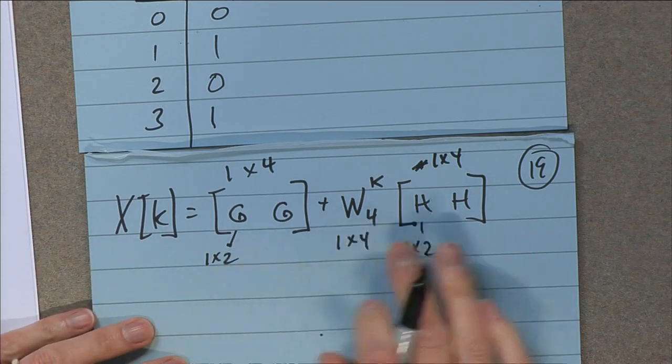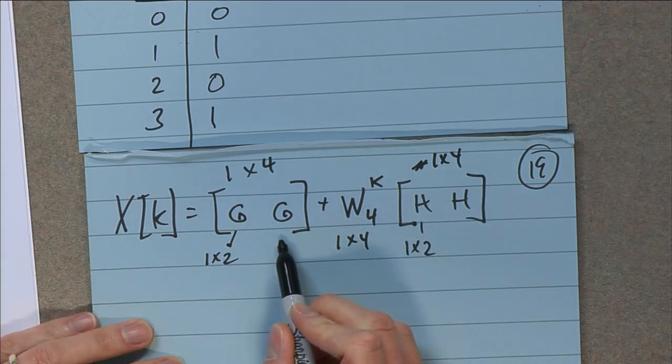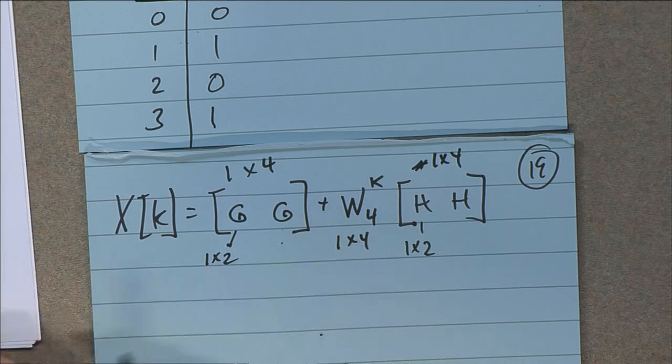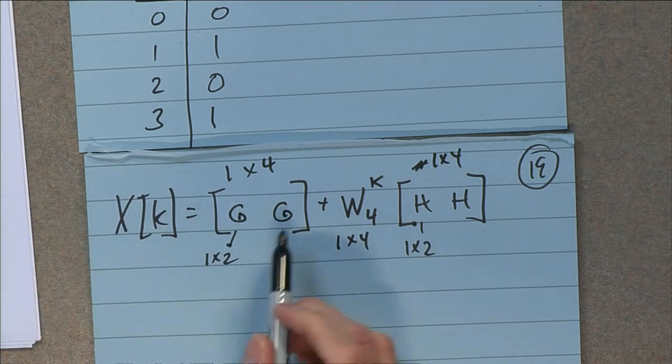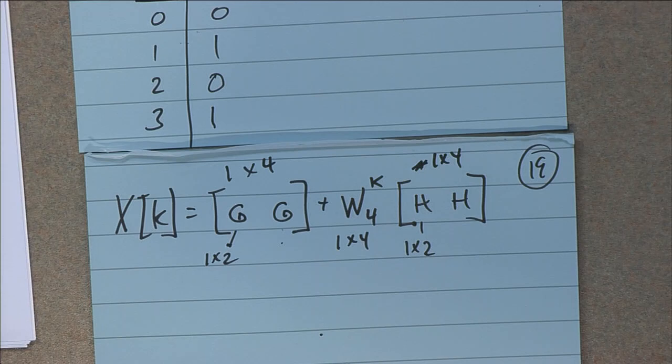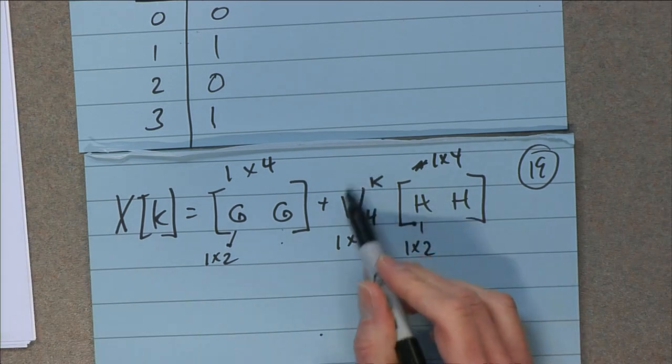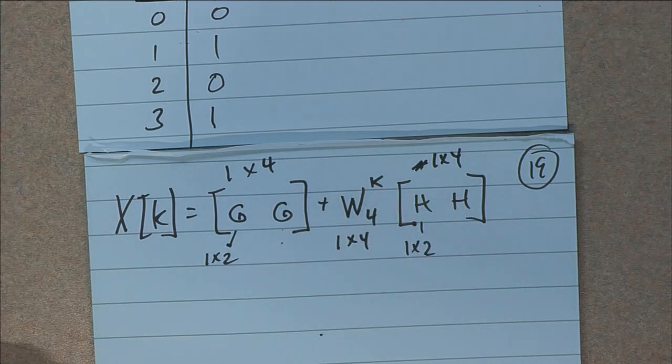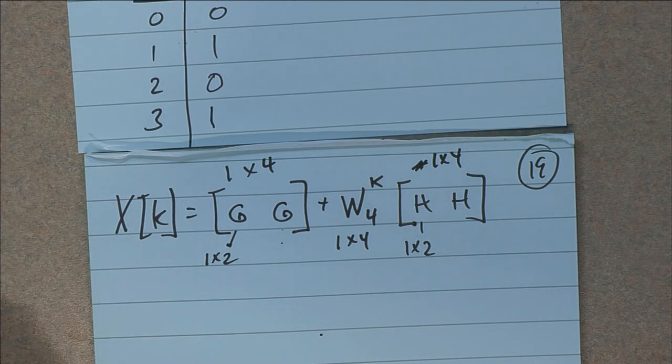But you see that what we've done is we've taken a 4-point DFT and said, you know what, I'll make a 2-point DFT, periodically replace it, do it twice, glue it back together, and we end up with our 4-point DFT.